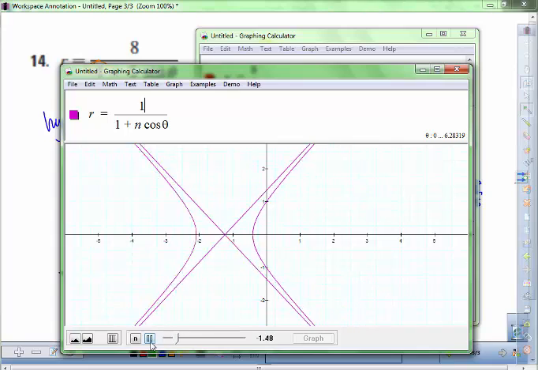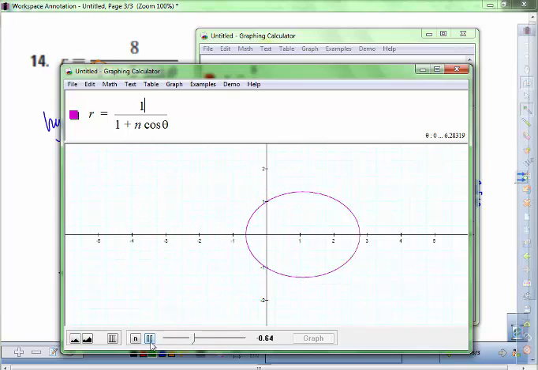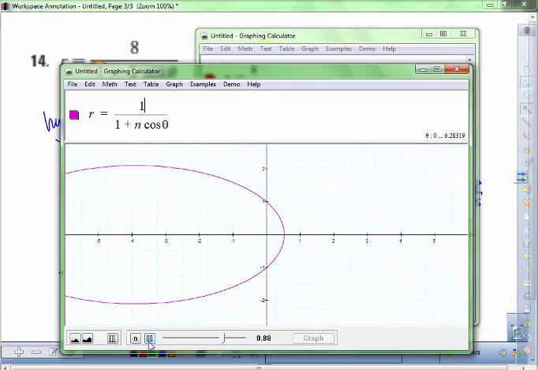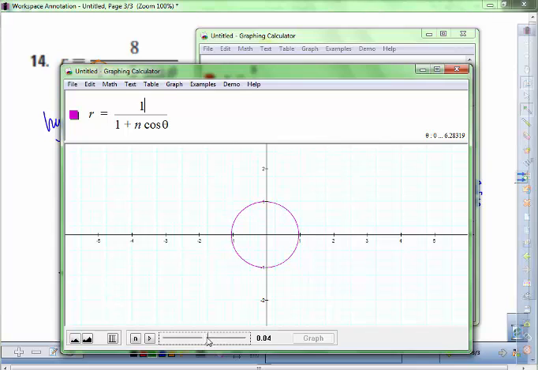So then it'll go on the other side. That's pretty cool, huh? So at 0, at the very middle point, is when you get an eccentricity of 0. Just imagine how this would look if n was equal to 0. What's r equal to? 1. So r is just a unit circle.